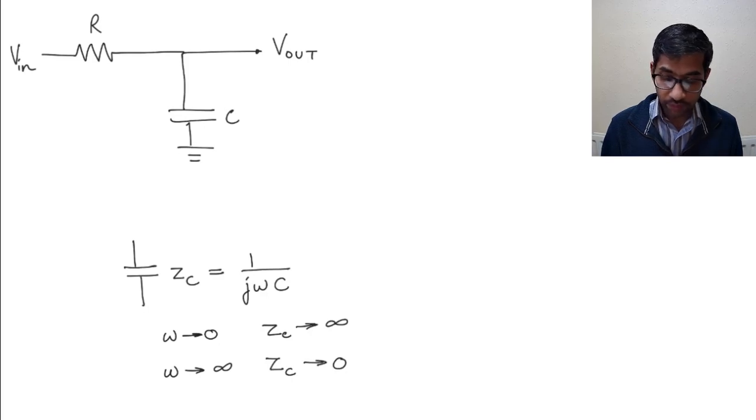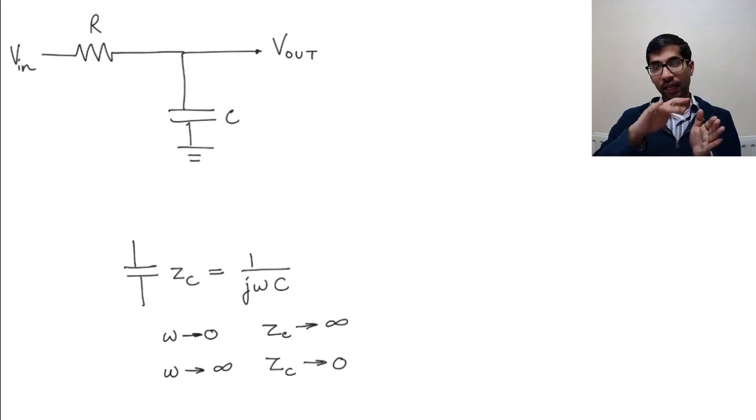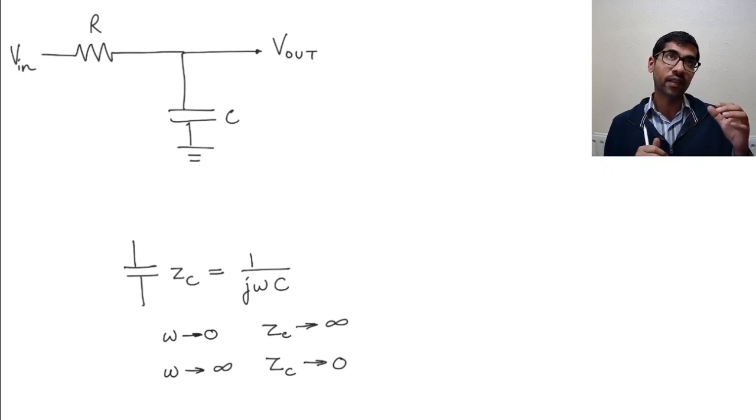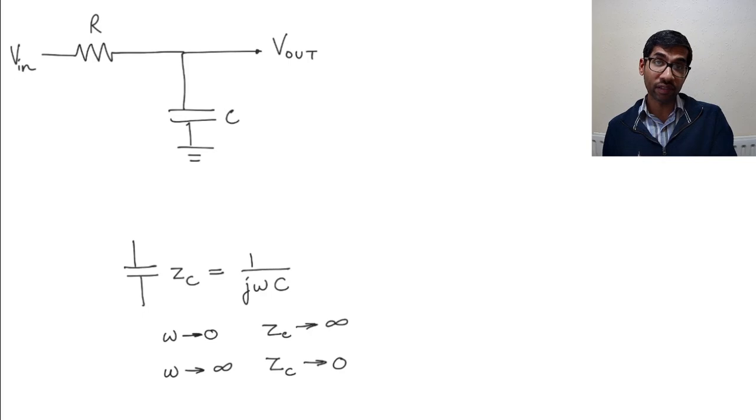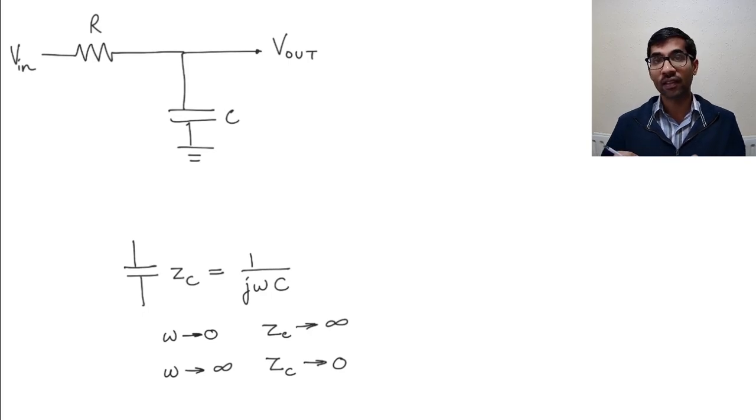ZC becomes 0. So you can see that the capacitor actually acts like a frequency dependent resistor. That is, depending on the frequency of the signal that you input, the capacitor's resistance or impedance changes. That property gives rise to the filtering property of this RC circuit.